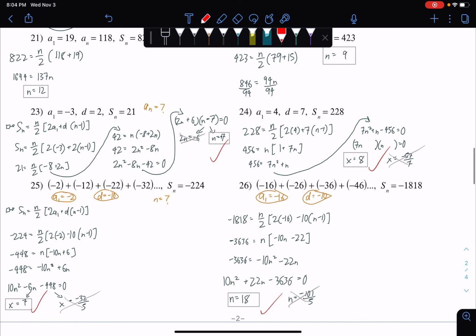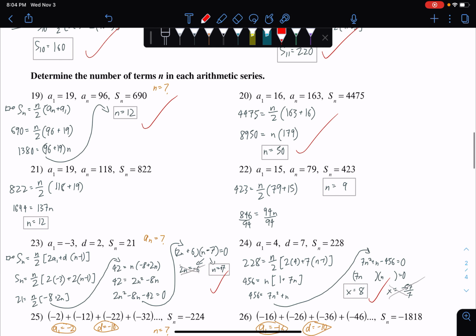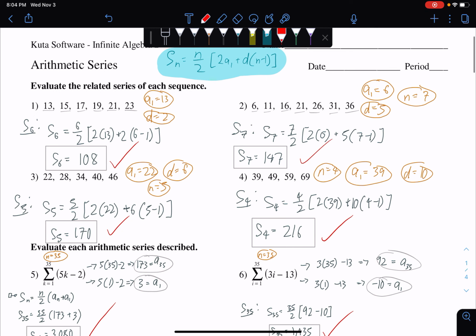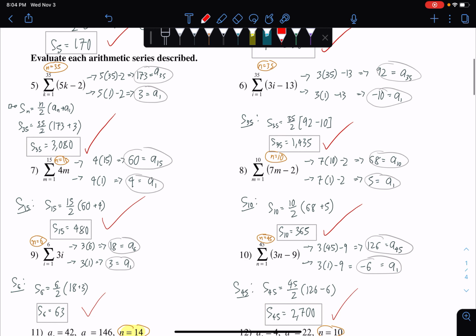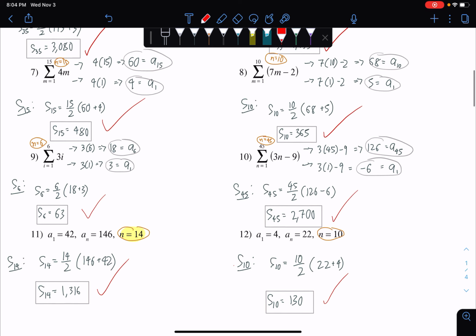So yeah, I think this is everything that we have to know in the Kuta software worksheet. These are correct. I'll just scroll slowly so that you can see my solutions, everything that we did in this video.